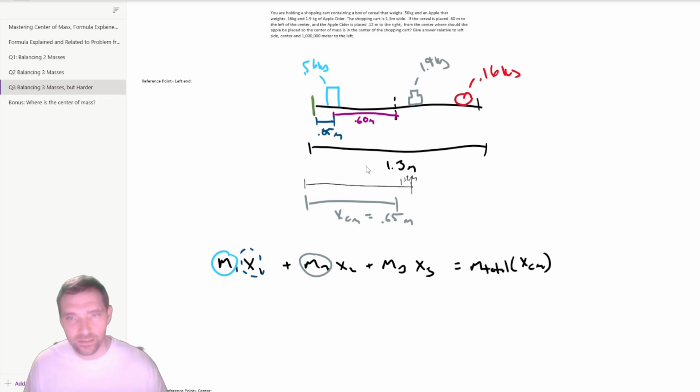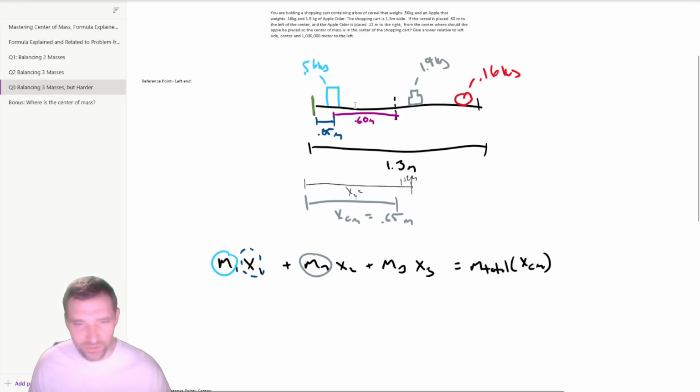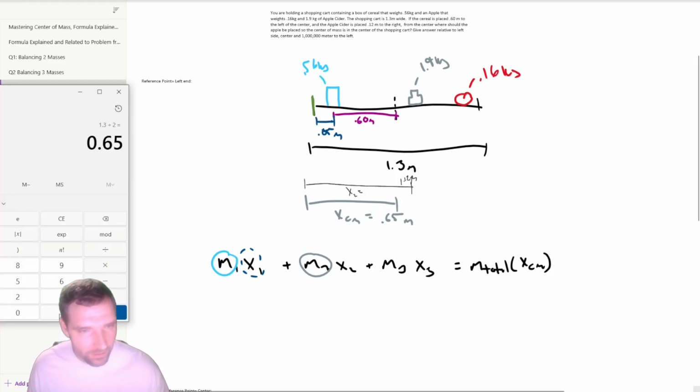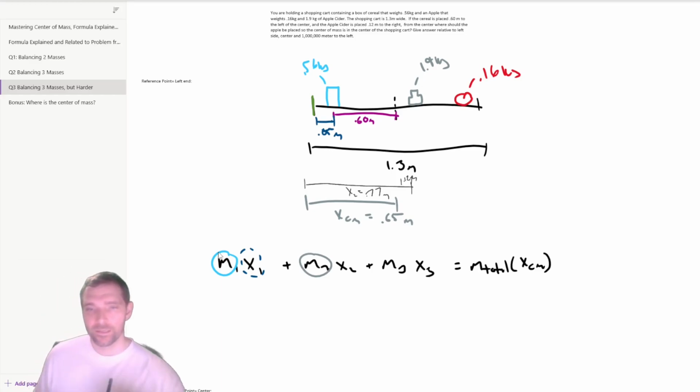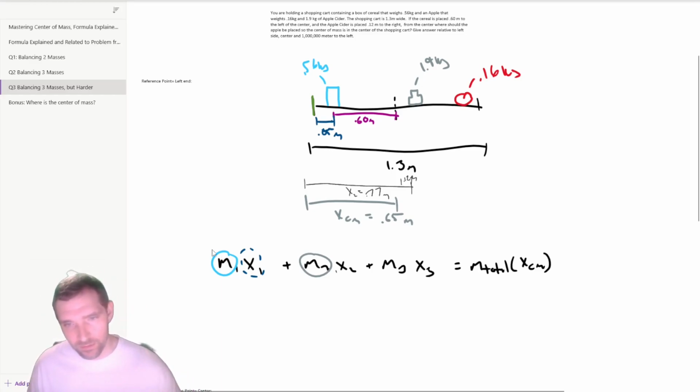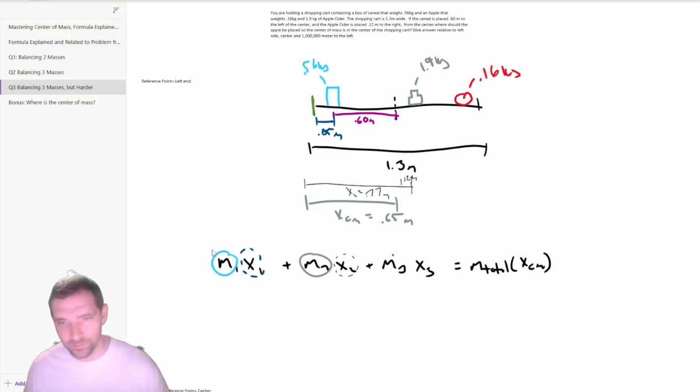So the total distance here for the x2 relative to this side is going to be 0.65 plus 0.12 is what I'm seeing. So we get 0.77. So we've got that number as well indirectly, but it is solvable or knowable.